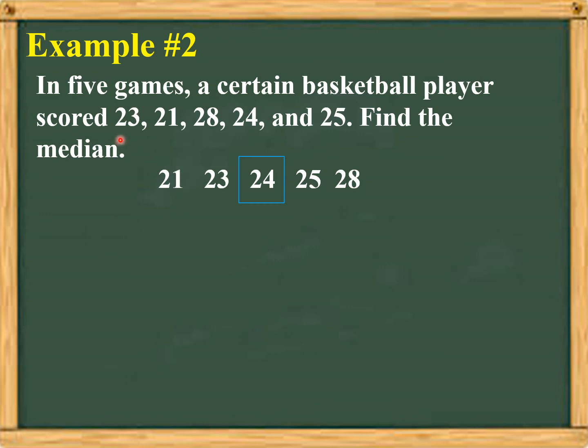So, if we arrange 23, 21, 28, 24, 25, we will have 21, 23, 24, 25, 28. Since in example number 2 we are looking for the median, we need to find where the middle data is. If you see that the middle data is 24, you are correct. Therefore, our median in example number 2 is 24.